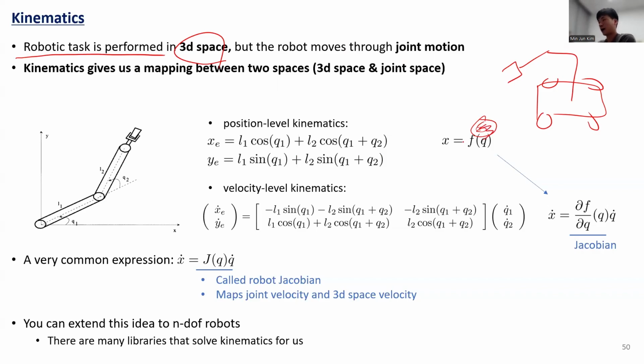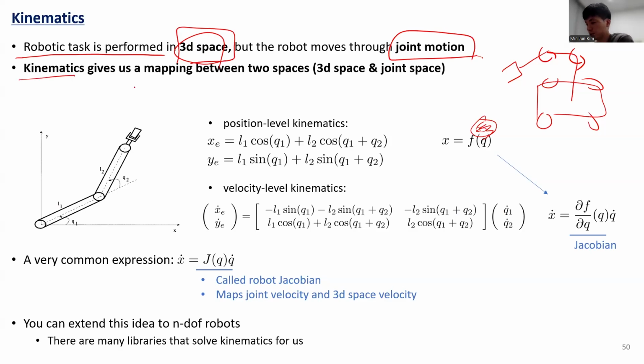So you have to grasp an object in 3D space, right? But the robot can only move in joint space. This joint can rotate, right? So there's a discrepancy between two spaces: this 3D space and joint motions.